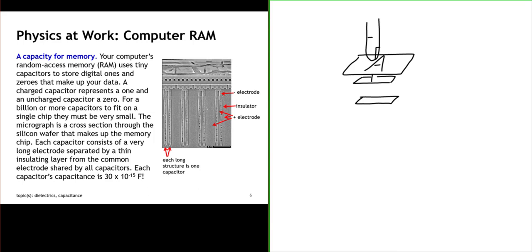For 1 billion or more capacitors to fit on a single chip, they have to be very, very small. The micrograph here that you see is a cross-section through the silicon wafer that makes up the memory chip. Each capacitor here consists of a very long electrode separated by a thin insulating layer from the common electrode shared by all the capacitors.